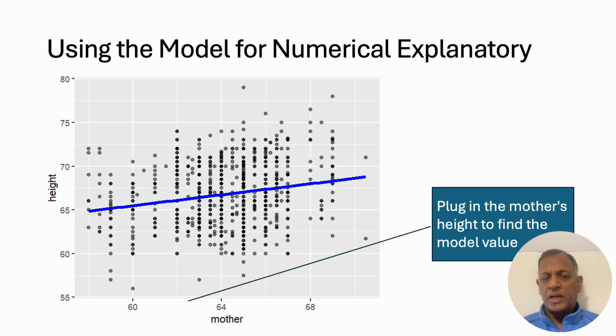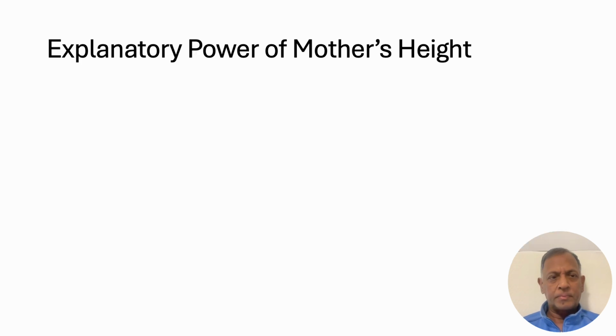What this model is telling us is, the taller the mother is, the taller the child will be. Again, we are looking at a line model, not a band model here. So now we can plug in a value and predict. For a mother with a height of 62 inches, we can expect the child will have a height of 66 inches. That's what the model tells us.